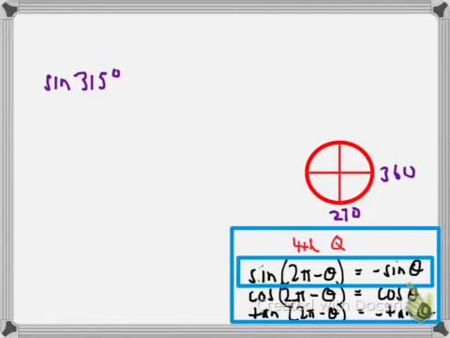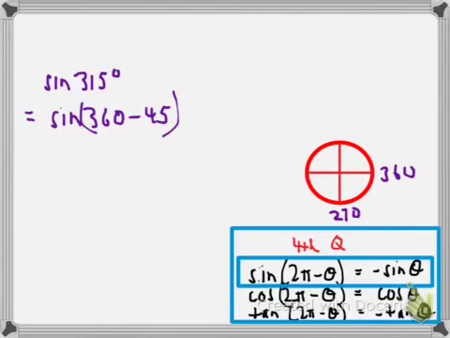So this time we're looking for sine, what do we take away from 360 to get 315?